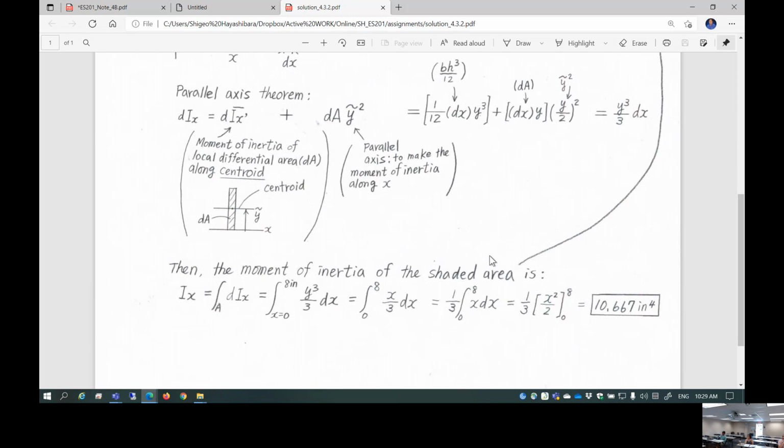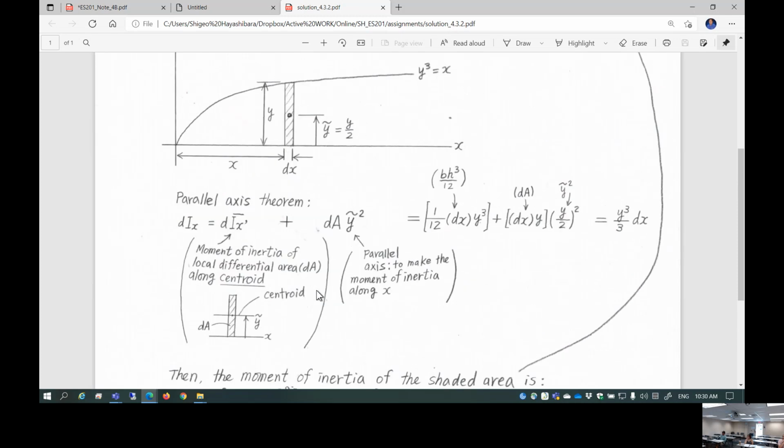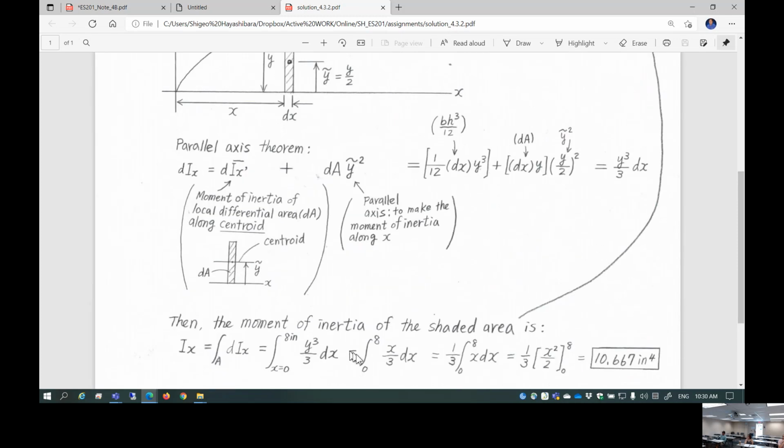This problem, mathematically speaking, is not so bad actually. You can do this kind of math, can't you? Integral of y cubed over 3 dx, and then what's the function? y cubed is equal to x, so this is x over 3 dx. Sure, you can integrate this kind of simple function.